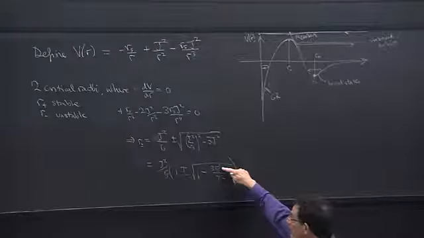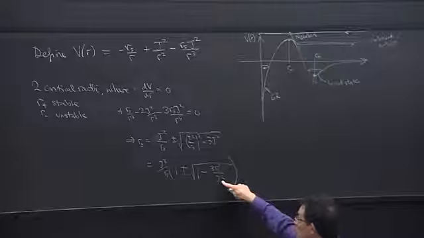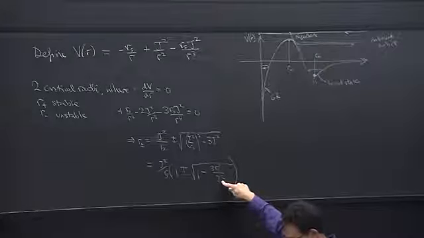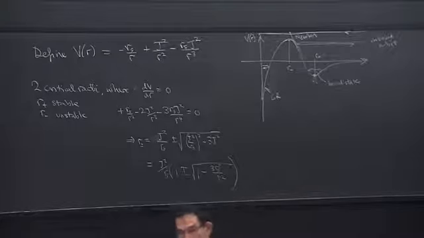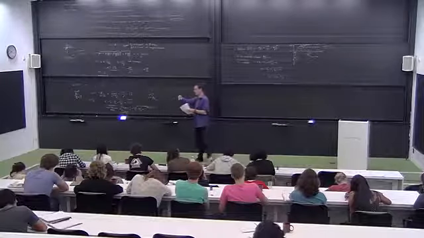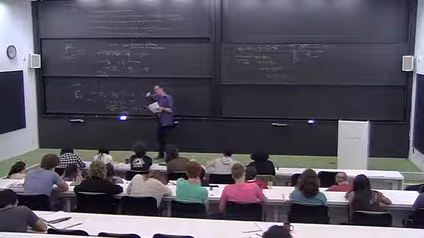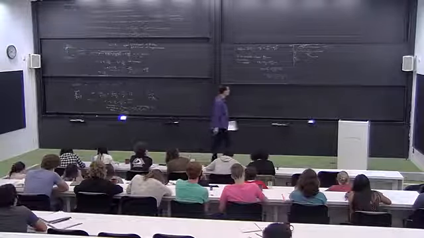So R_s is a fixed number. So as we decrease j, imagine you've got a particle with some angular momentum, but we're going to decrease j and see how that changes the orbit.